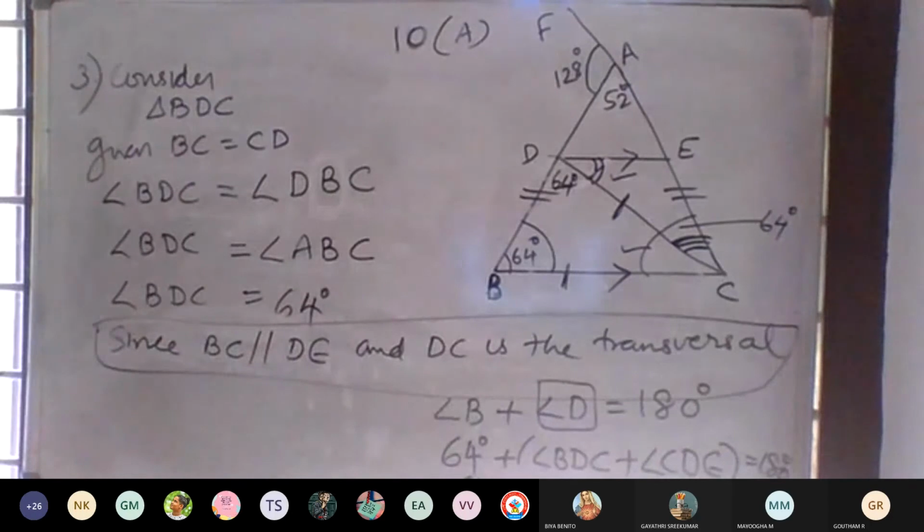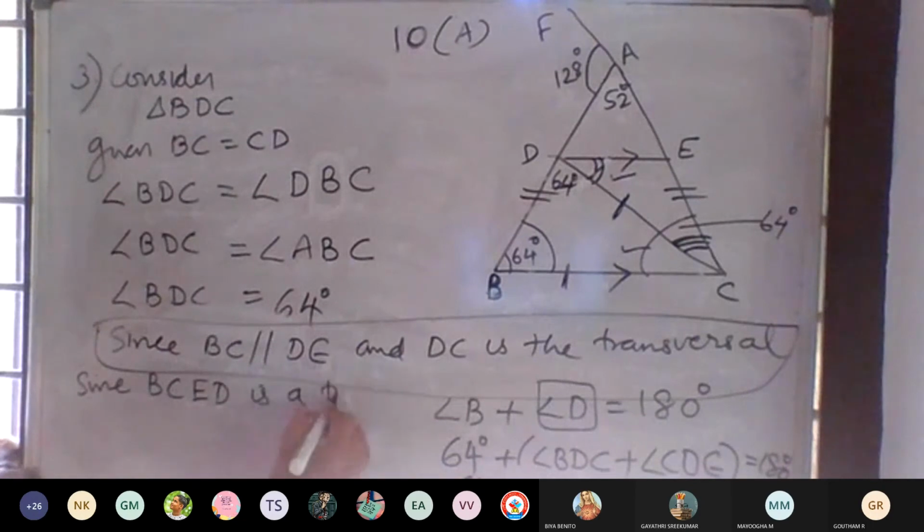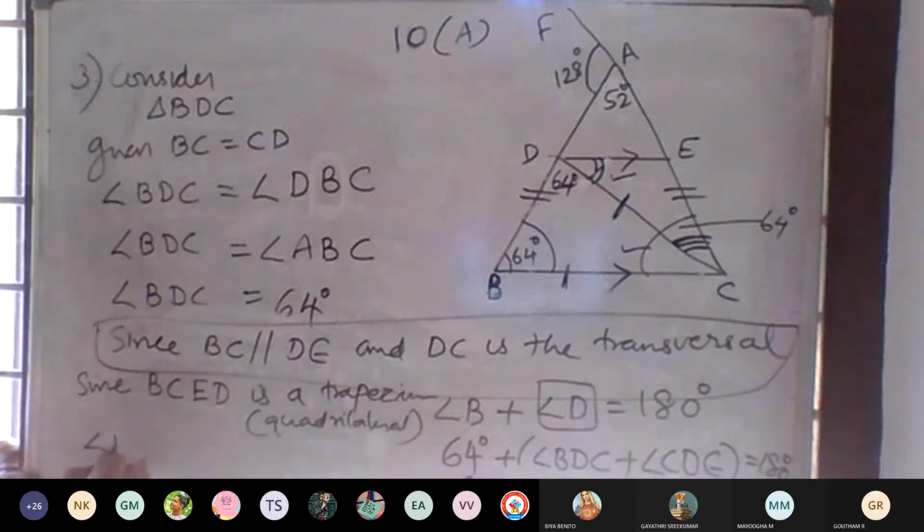So write down: BCED is a trapezium, that means a quadrilateral. So angle B plus angle D is equal to 180 degrees.